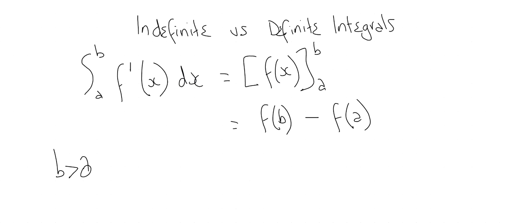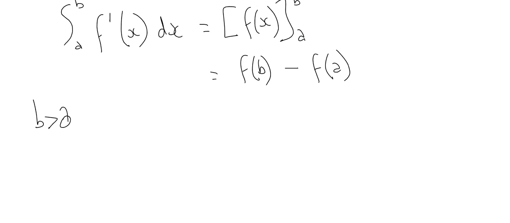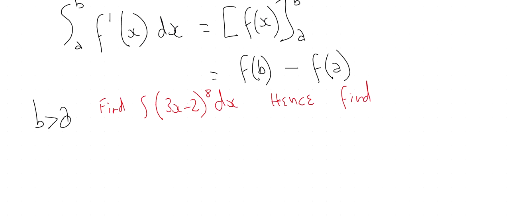So I'm going to give you a very, well, maybe not the most simple example. Find the integral of 3x minus 2 to the power of 8 with respect to dx, and I'm going to give you limits for that.